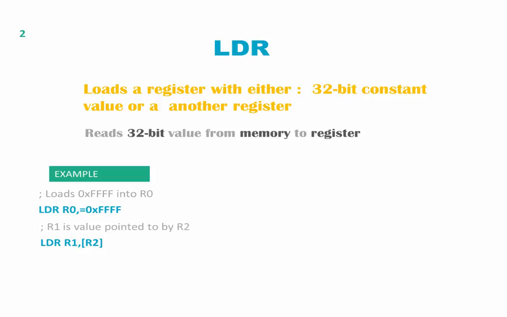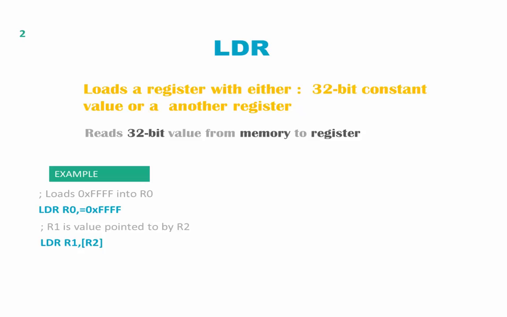Remember, we are using the load opcode, not the move. So 256 would work with load, but it wouldn't work with move. Remember, this one is 32-bit values, whilst the move is 8-bit values.